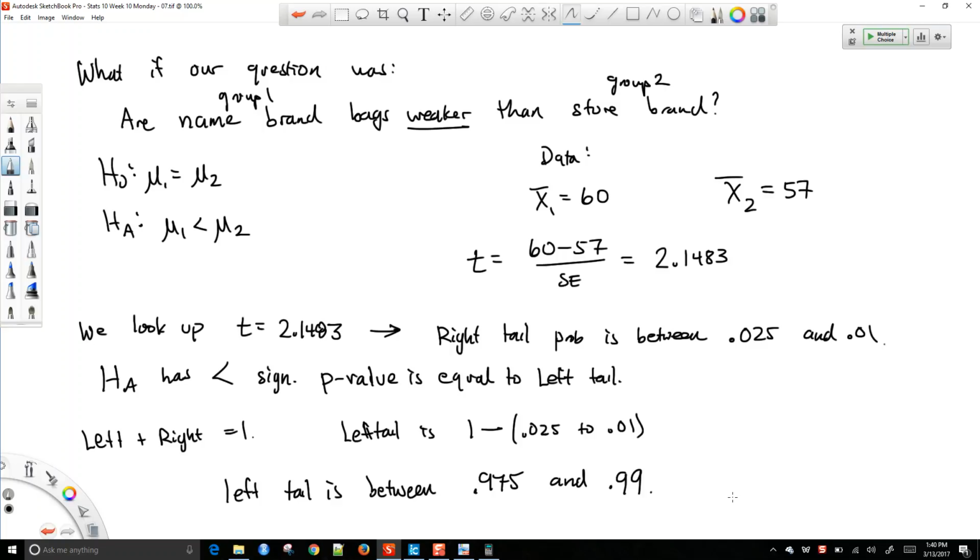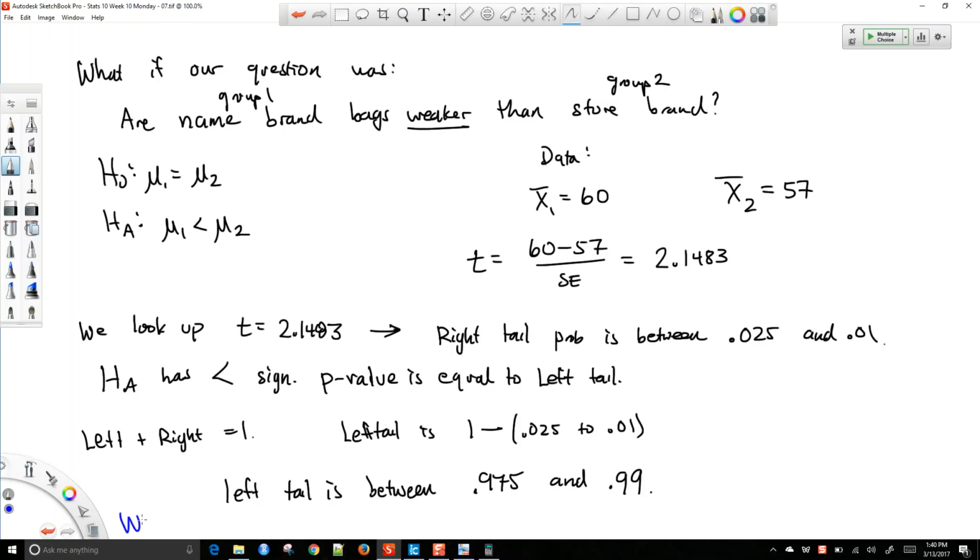Because if someone says, are name brand bags weaker than store brand bags, and you do your experiment, and if anything, it appears that the name brand bags are stronger, then we will not have any evidence to support this alternative, right?